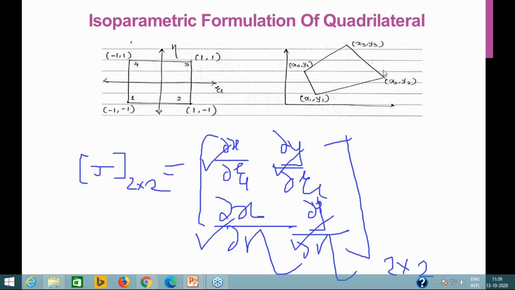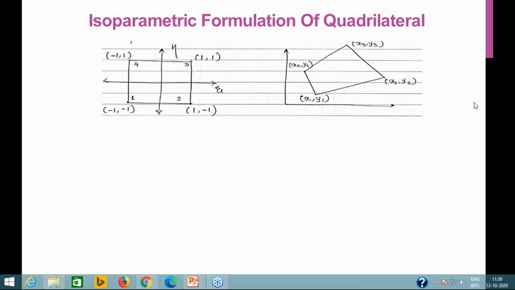I got answers from Nikhil and Abhishek also. Aishwarya, are you getting this? The size of the Jacobian matrix is always 2 by 2, whatever the element.